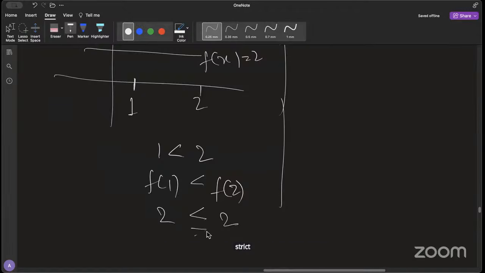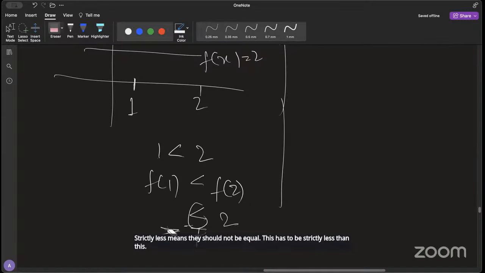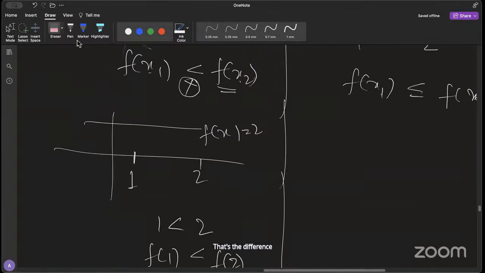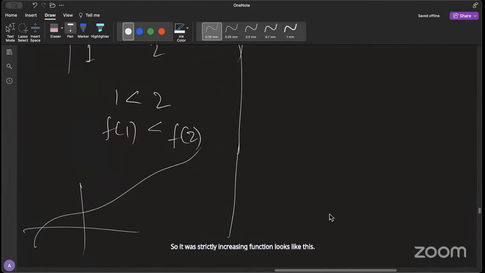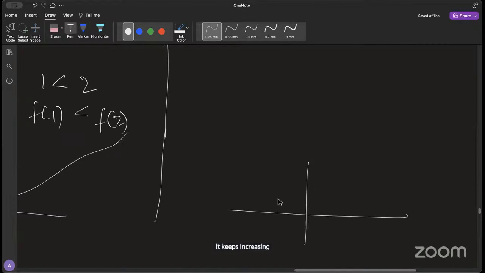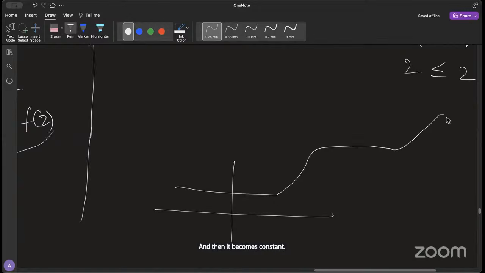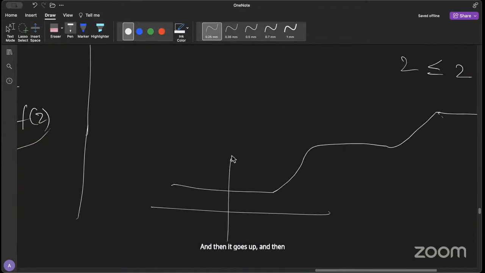Strictly less means they should not be equal. So that's the difference. A strictly increasing function keeps increasing. Your increasing function could go up, then become constant, then go up and again become constant.